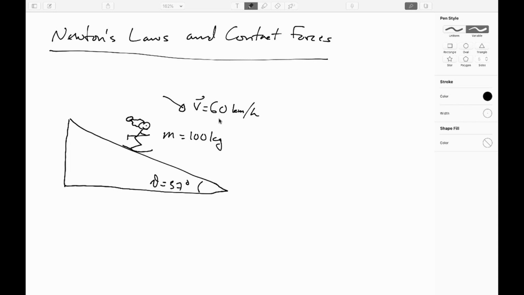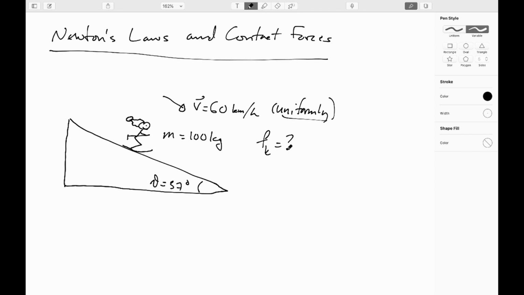What I would like to know is what is the force, and we're also going to note that this is a uniform speed. So that means constant velocity. So with all of that, what I'd like to know is what is the force of kinetic friction acting on the skier.